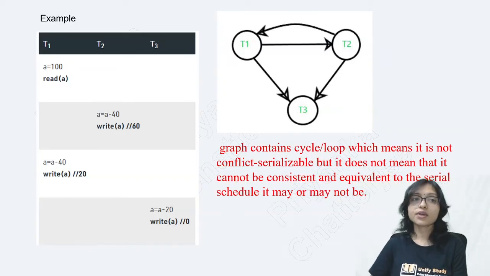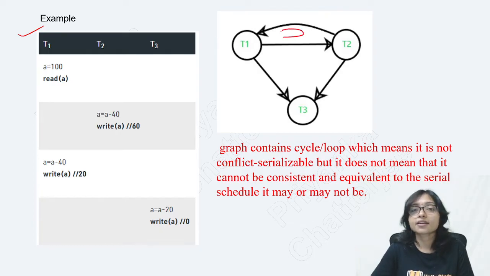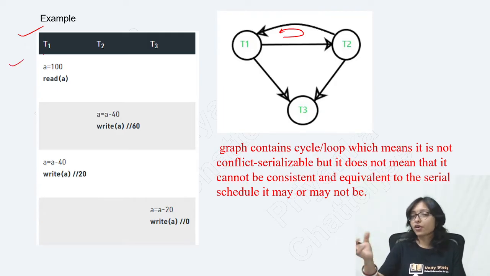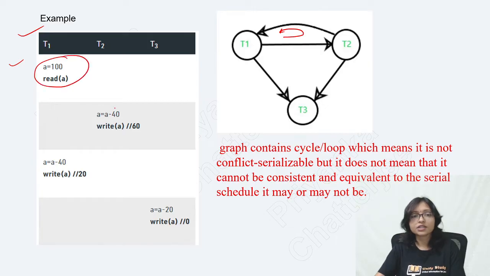How to do the swapping, what to do for that, I am going to tell you. You can see here, this is an example. In that example, you can see here a cycle is created. I already explained how it's creating the cycle, so I am not explaining it again. From this one you can understand why the cycle is created, because here is the read operation going on, here is the write operation going on.